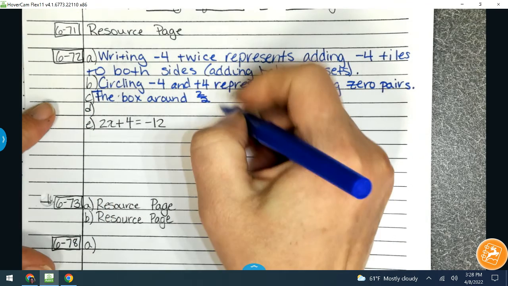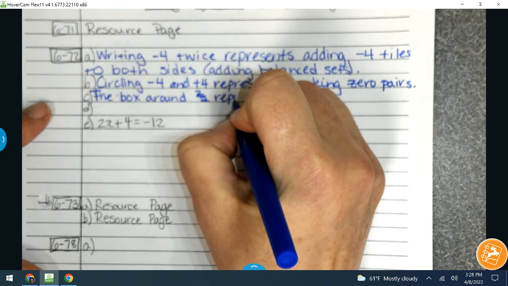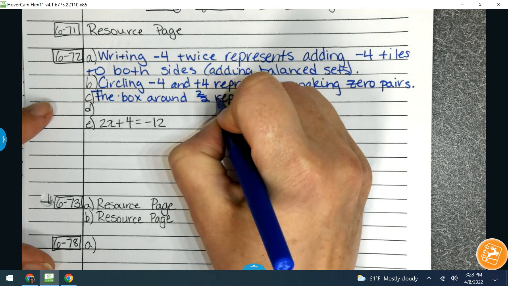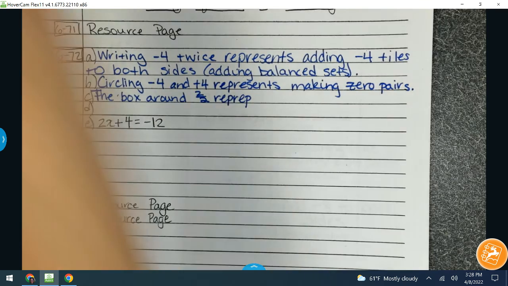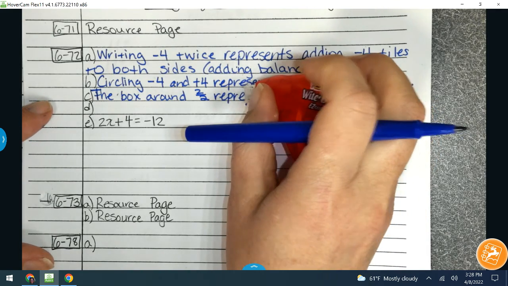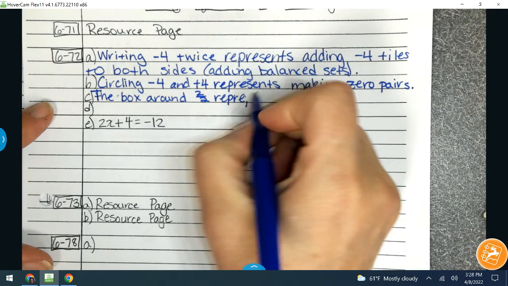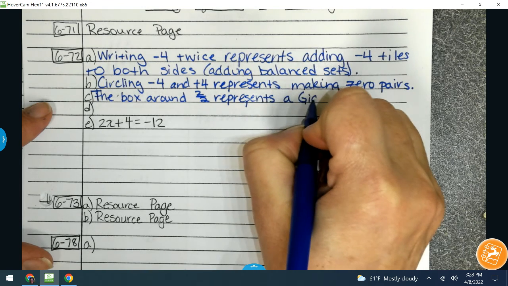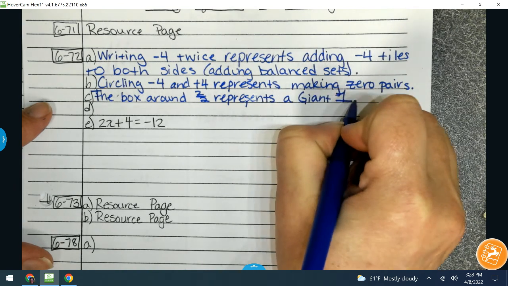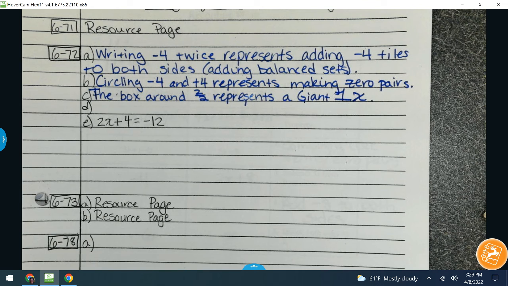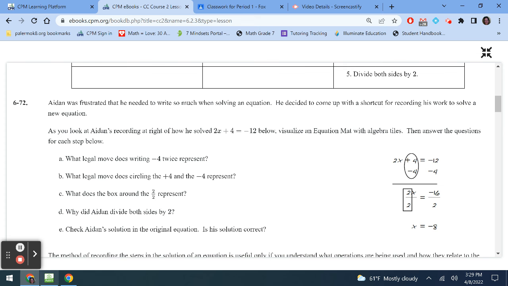So the box around 2/2 represents a giant 1, or 1x. That's important. We always want to know what 1x is when we're solving an equation. That's what makes it important.